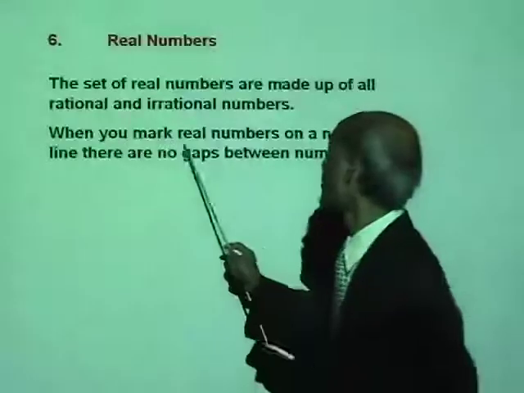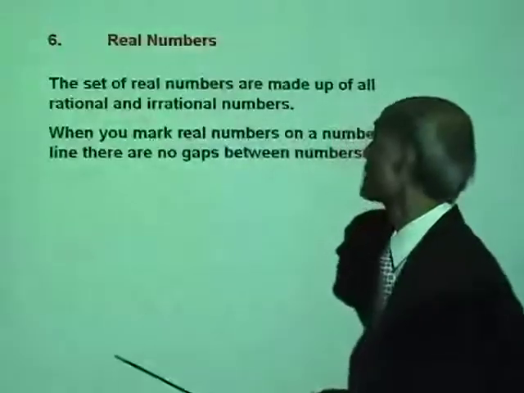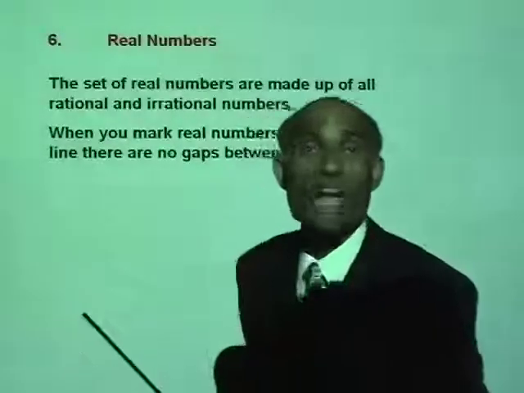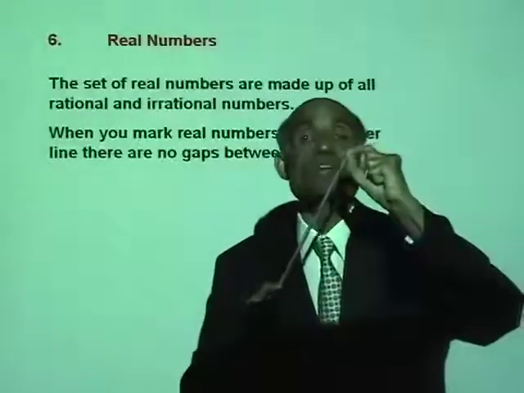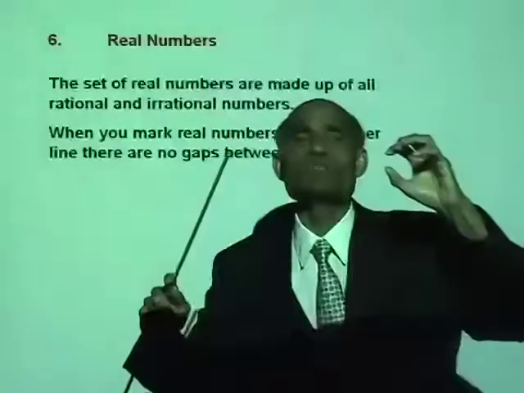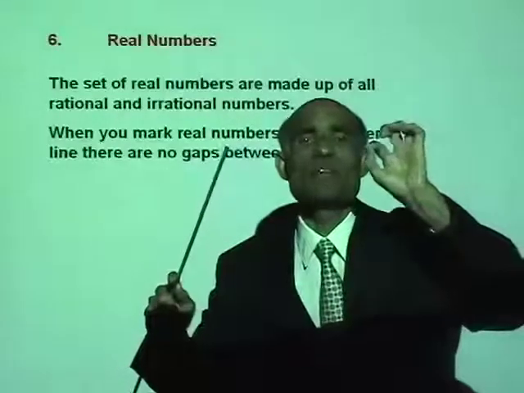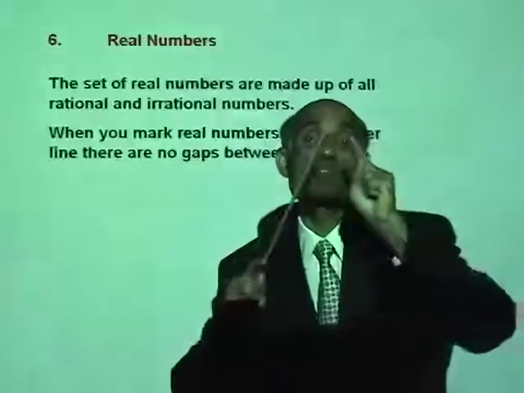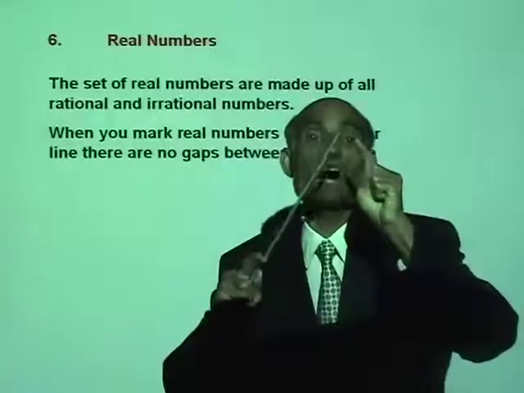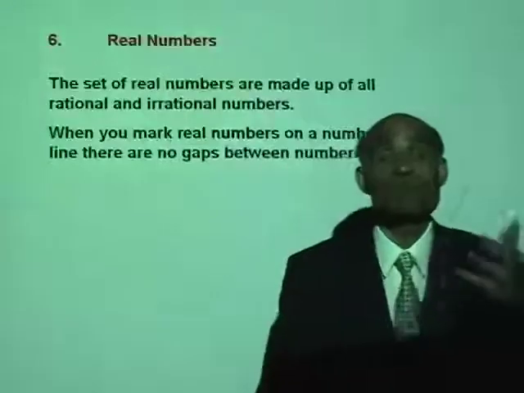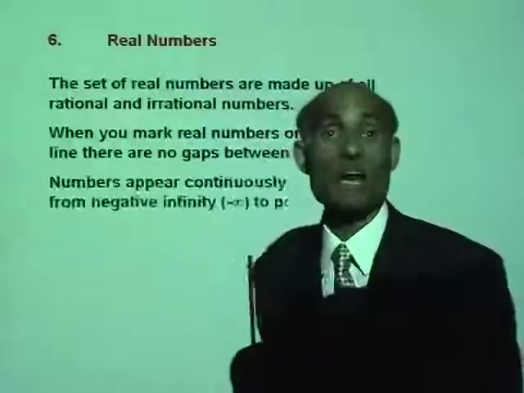When you mark real numbers on a number line, there are no gaps between them. In other words, you see, the real numbers are so continuous. If I mark two numbers on a number line, you will be able to write thousands of numbers in between the numbers that I did.